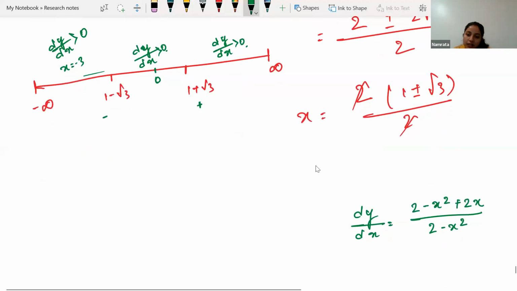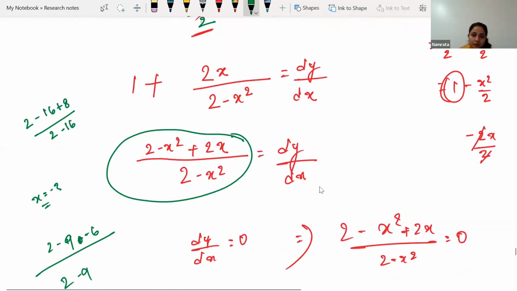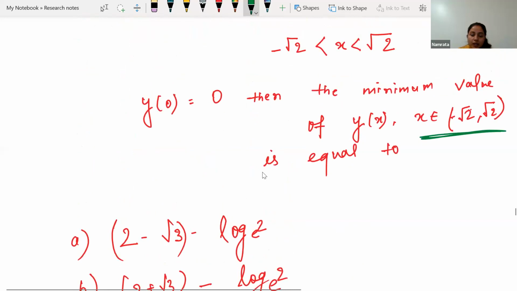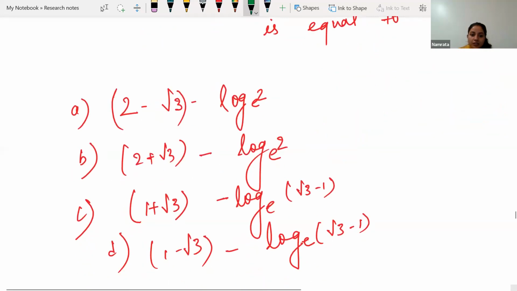If we are taking negative 3, obviously negative, negative is becoming positive. Just a second. From here we need to get the point of minima.